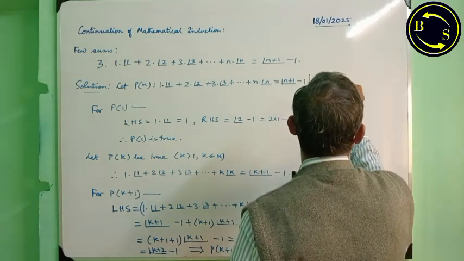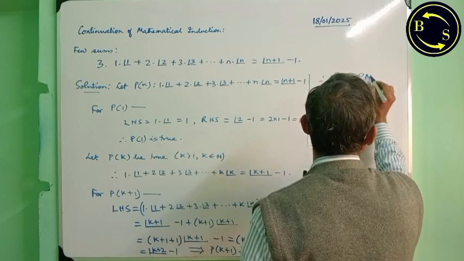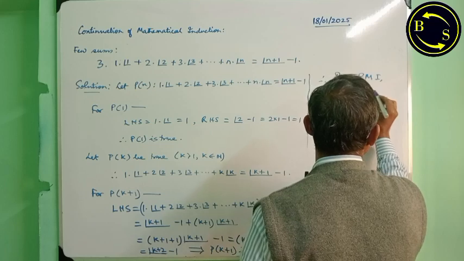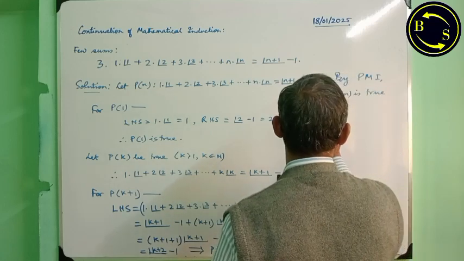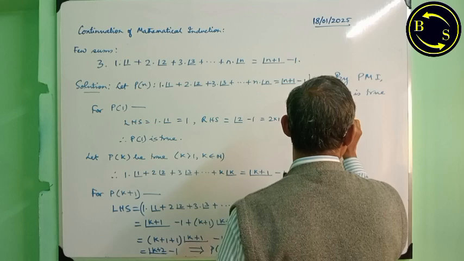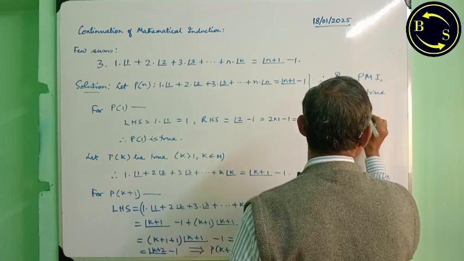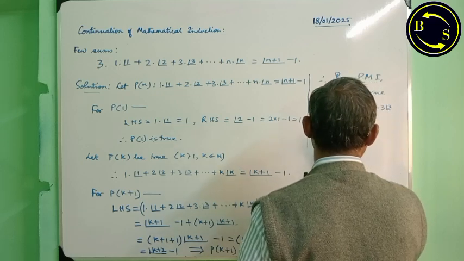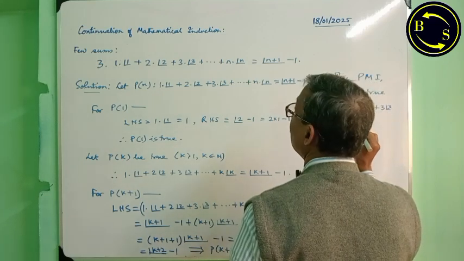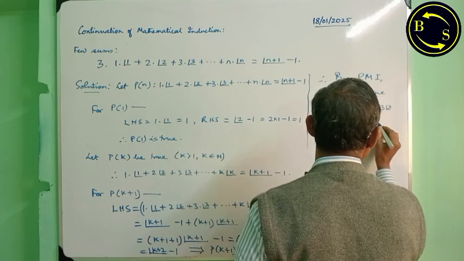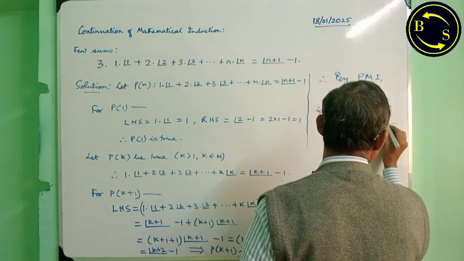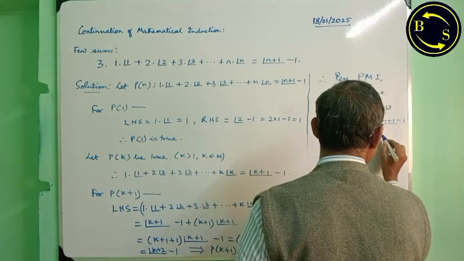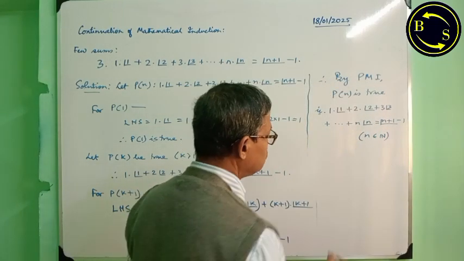Therefore, by the principle of mathematical induction, Pn is true, that is 1 into factorial 1 plus 2 into factorial 2 plus 3 into factorial 3 plus dot dot dot plus n into factorial n is equal to factorial n plus 1 minus 1, where n is a natural number. The sum is finished.